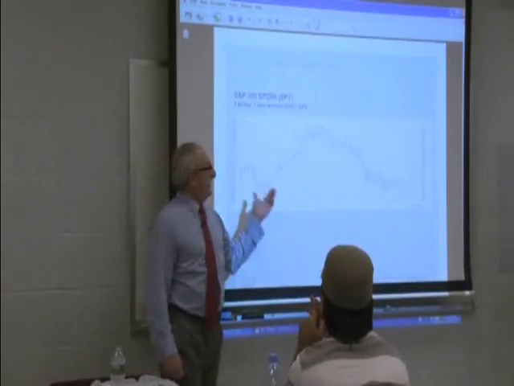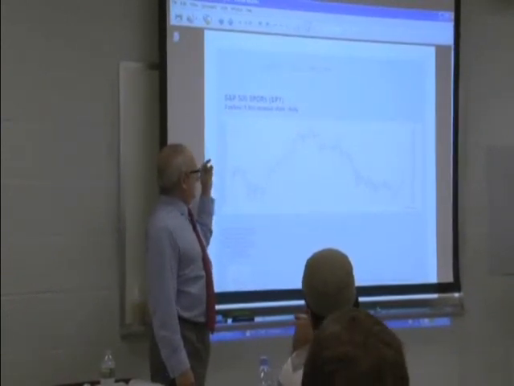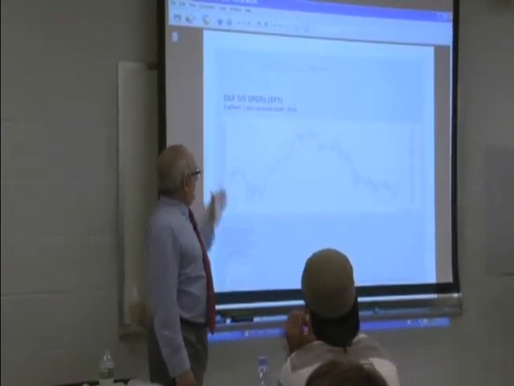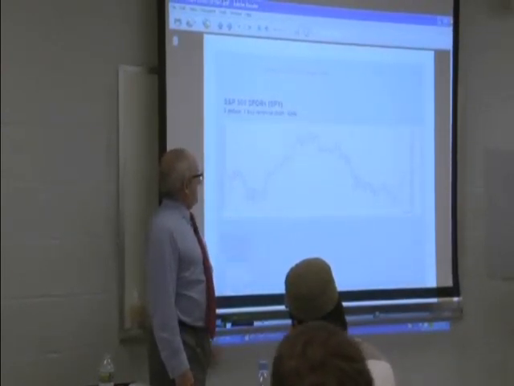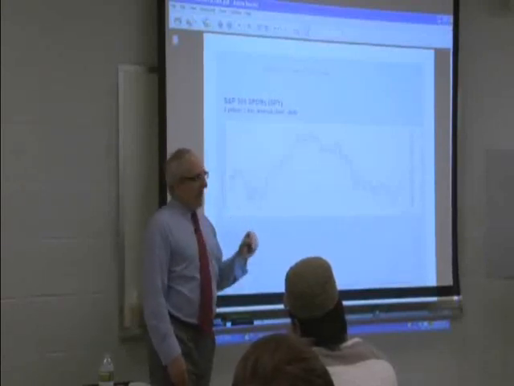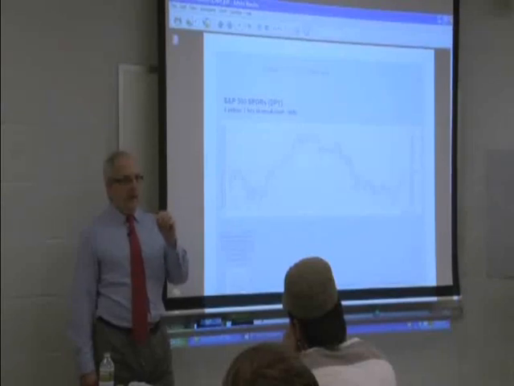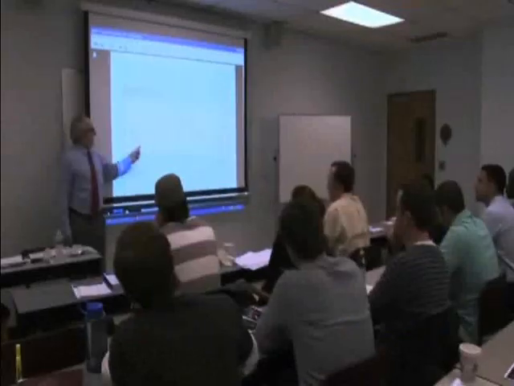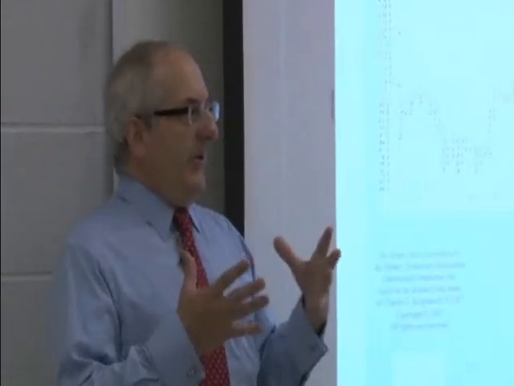Now, here we have the same chart, but we've increased the box size to $3. So now we're going all the way back to 2001, and you can see the triple bottom in 2003. One of the really nice things about point and figure charts is that because you're only going to plot a determined amount, the bottoms and the tops often jump out at you.